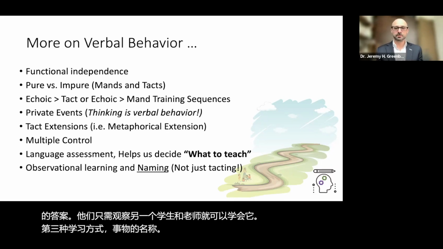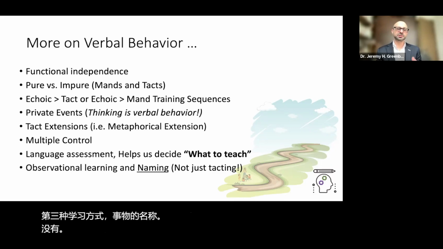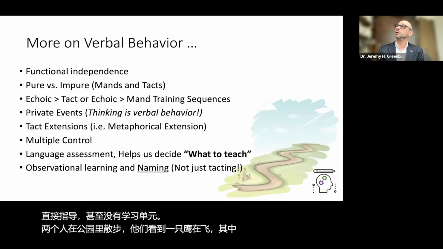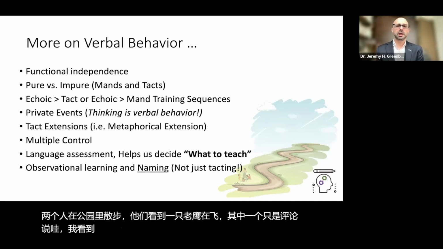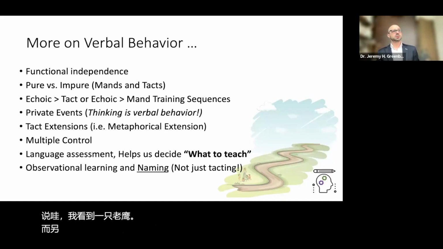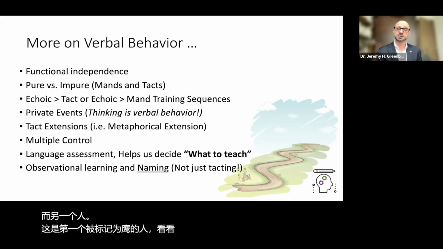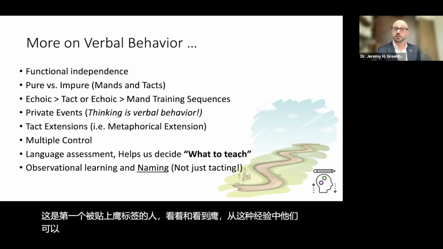Well, in the third type of learning the names of things, there's no direct instruction, and there isn't even a learn unit. Maybe two people are walking in the park and they see an eagle flying, and one of them simply comments and says, oh, wow, I see an eagle. And the other person hears the first person label the eagle and looks and sees the eagle, and from that experience they can then know that that bird is an eagle.